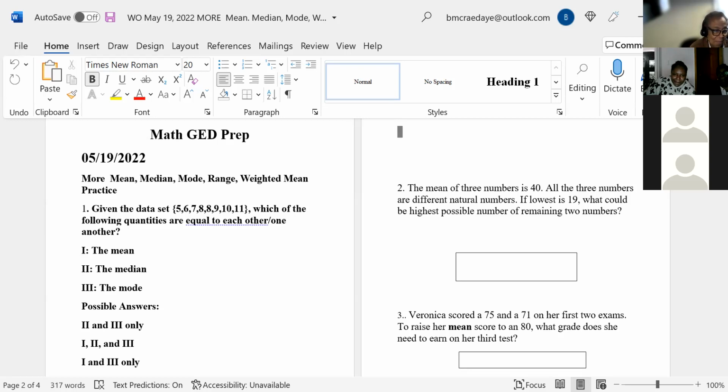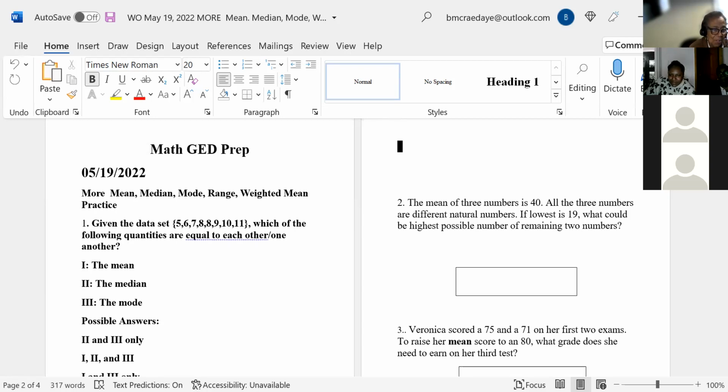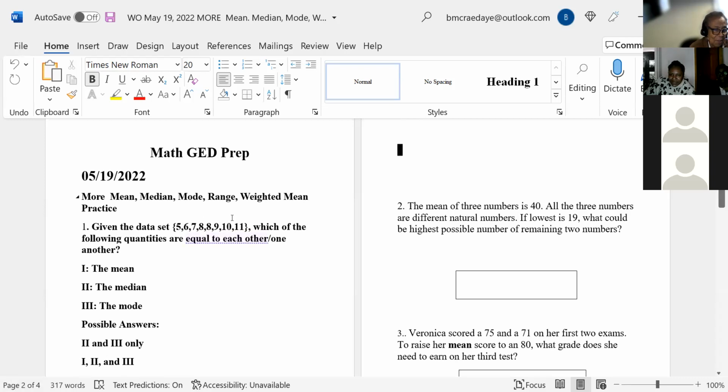You're putting these numbers in order. 5, comma, 6, comma, 7, comma, 8, comma, 8, comma, 9, comma, 10, comma, and 11. No comma after 11 because nothing is following it, right?